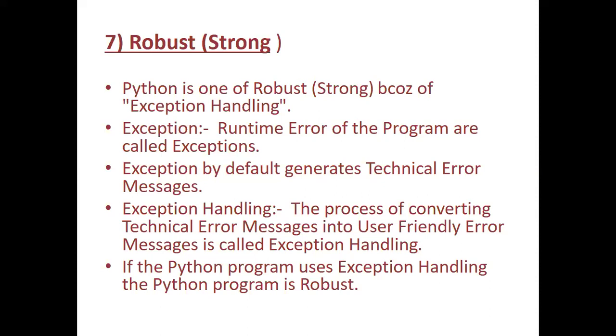So converting those technical error messages into user-friendly error messages is known as exception handling. If the Python program uses exception handling, it means it is a robust programming language. Any questions till now, students?